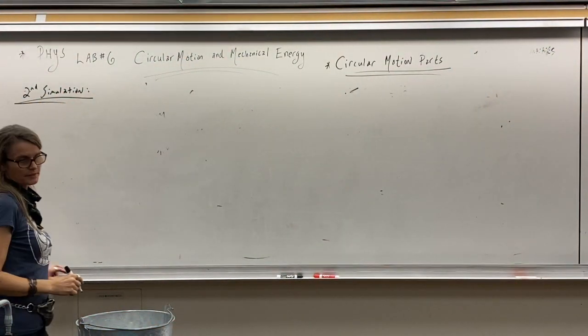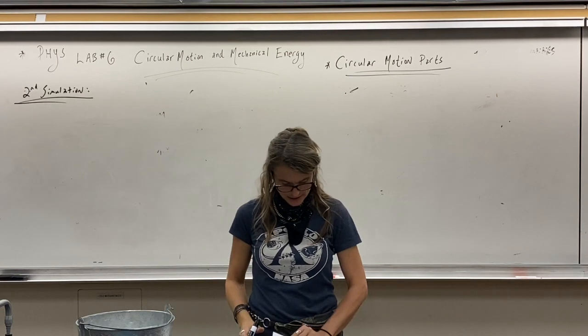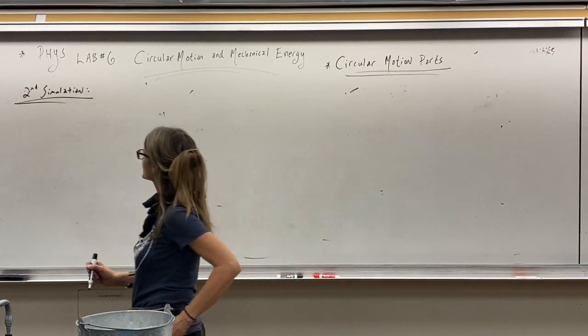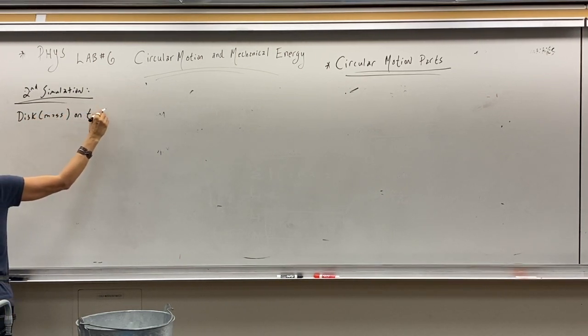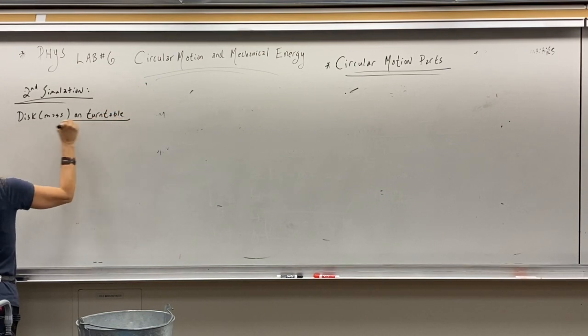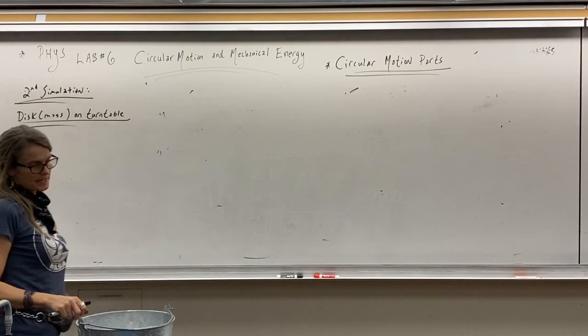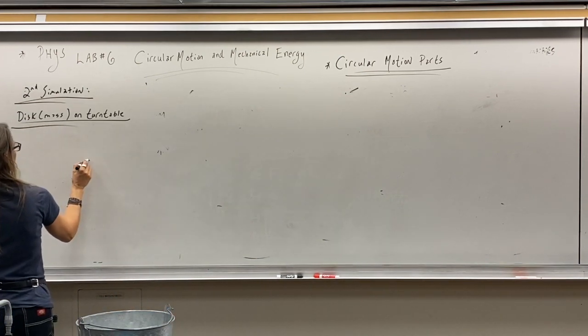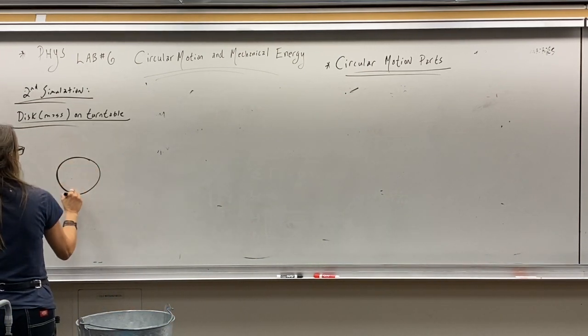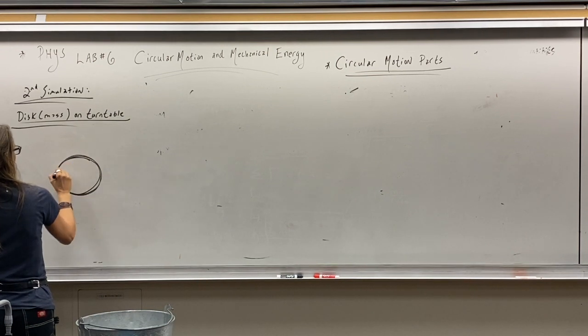Just a quick setup here. The second simulation is just a disc on a turntable, or an object, I'm going to say mass. So a disc on a turntable here, and we have a defined radius.